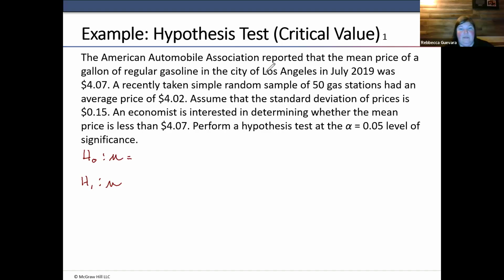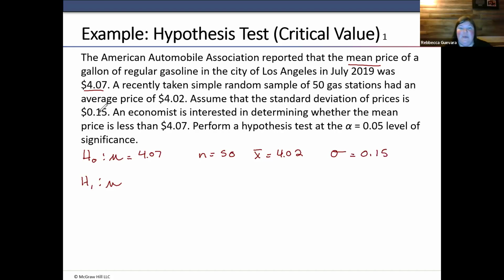So the claim from the city of Los Angeles is that the mean price is 4.07. A recent random sample of 50 gas stations had an average price of 4.02. Assume that the standard deviation of prices is 0.15.